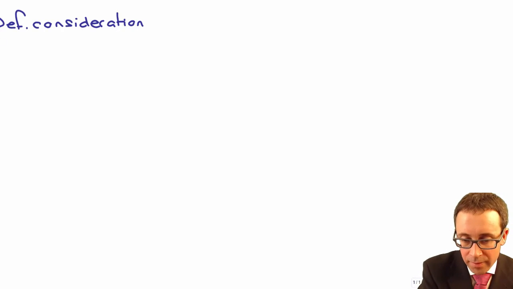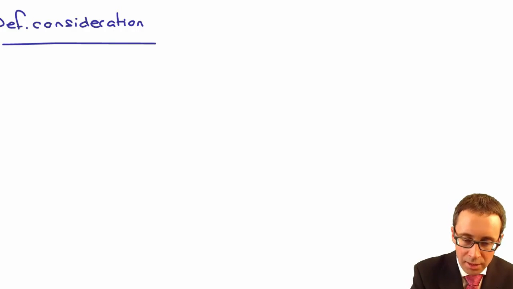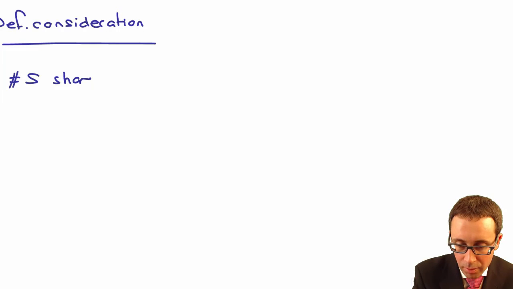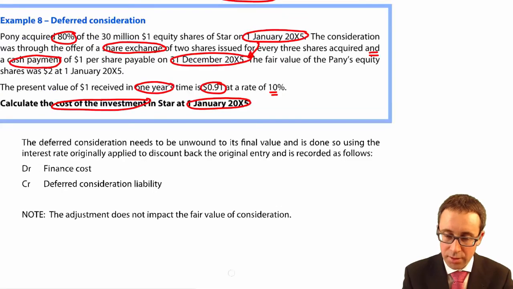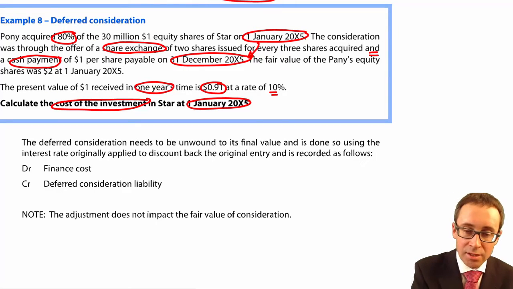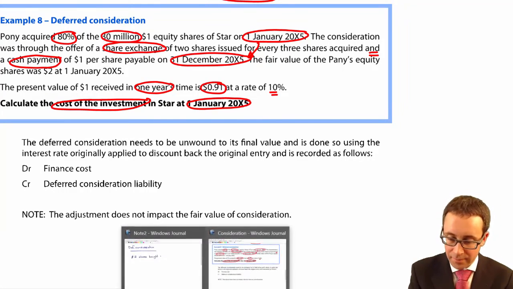So what we've got there is we are paying $1 per share acquired in a year's time. So if we look at the number of S shares that we have bought, the number of S shares that we have bought is 80% of the 30 million, isn't it?